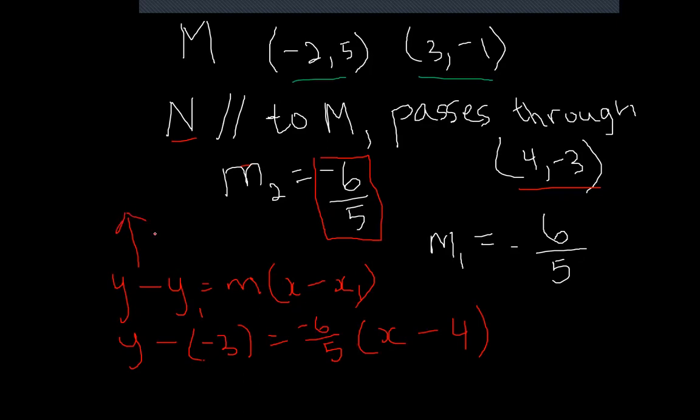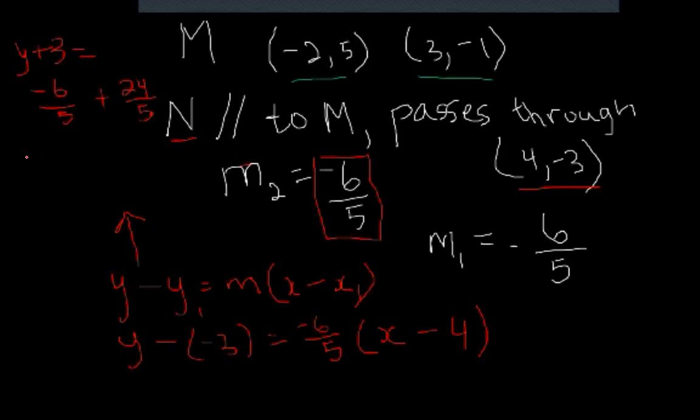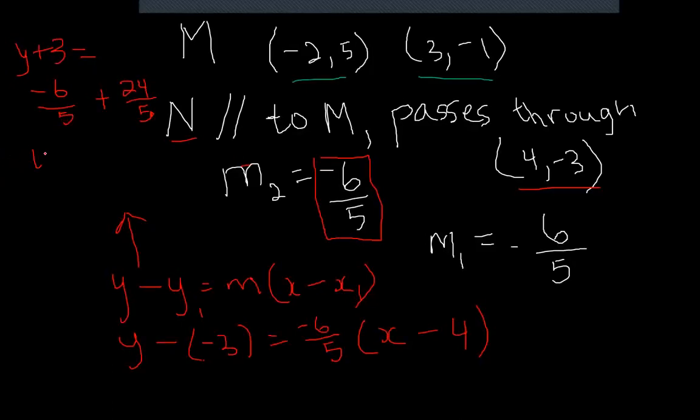Let me continue up here. So that's y plus 3 is equal to, I expanded the brackets one time now, so minus 6 over 5 x plus 24 over 5. Transpose to make y the subject of the formula. y is equal to minus 6 over 5 x, hold on, forgot my x, plus 24 over 5 minus 3.